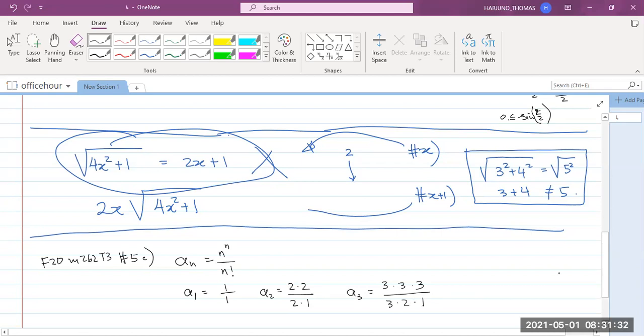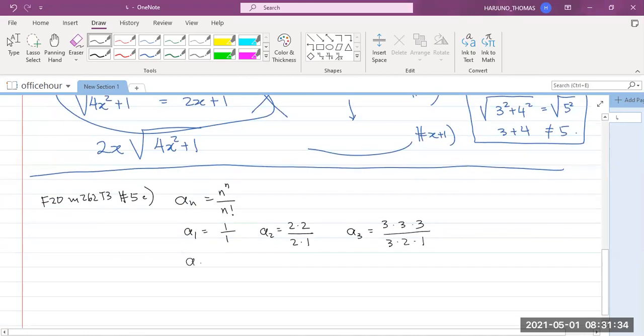The nth term will be n times n times n, all the way n times, over n times n minus 1 times n minus 2 times n minus 3, all the way to 1.